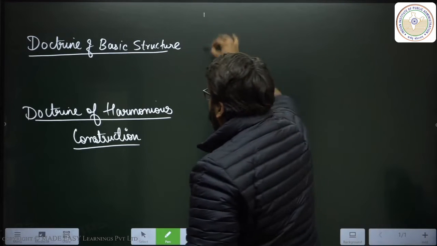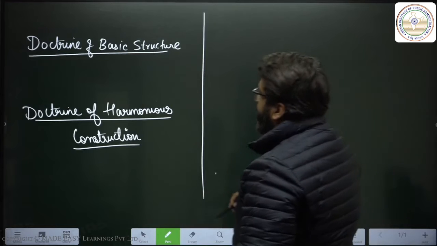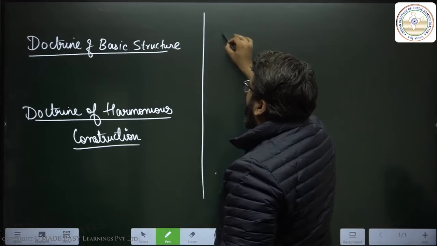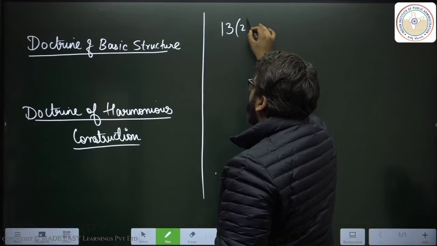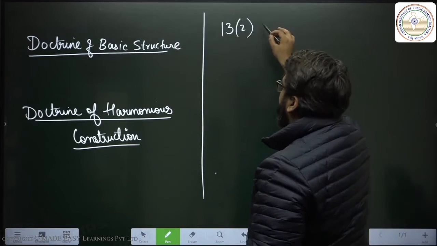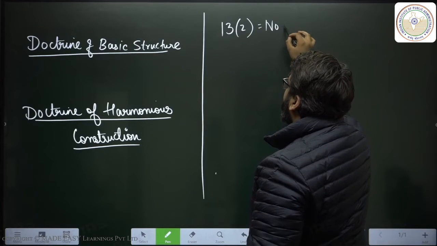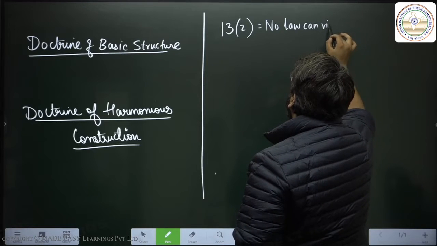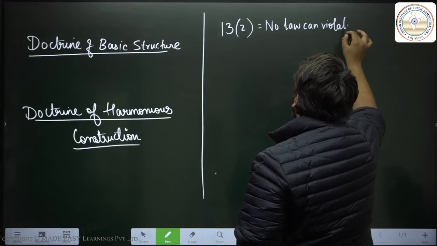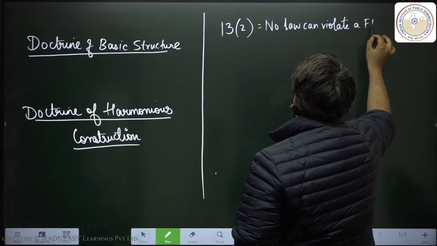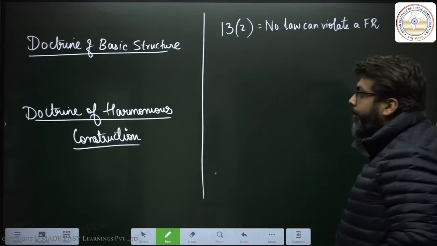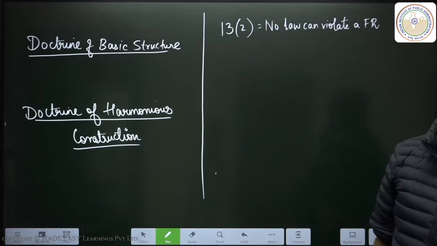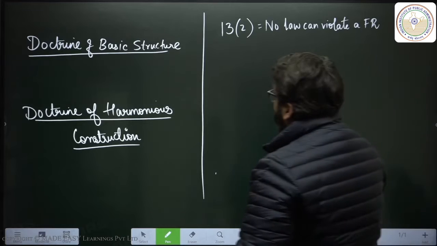So one of the first things that we're going to be looking at, from a background point of view, is an article called Article 13 Clause 2, which basically says no law can violate a fundamental right. No law can violate a fundamental right. That's Article 13 Clause 2 for you.